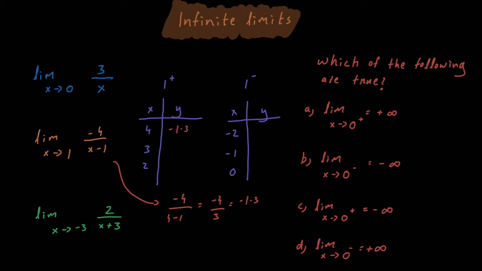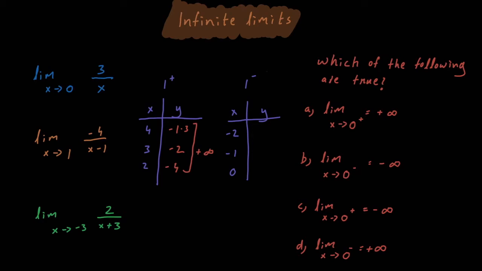If I substitute for 3, I'll get -4 divided by 3 minus 1, which is -4 divided by 2, which is simply -2. If I substitute for 2, I'll get -4 divided by 2 minus 1, which is simply -4. So we can see that it is approaching negative infinity because the numbers are getting bigger and bigger.